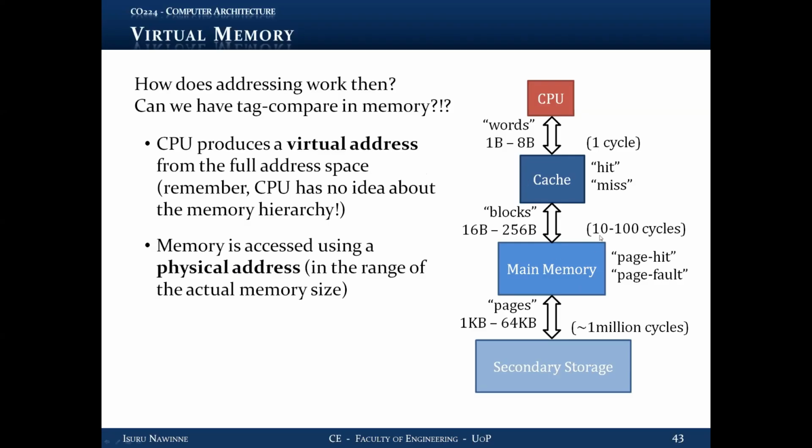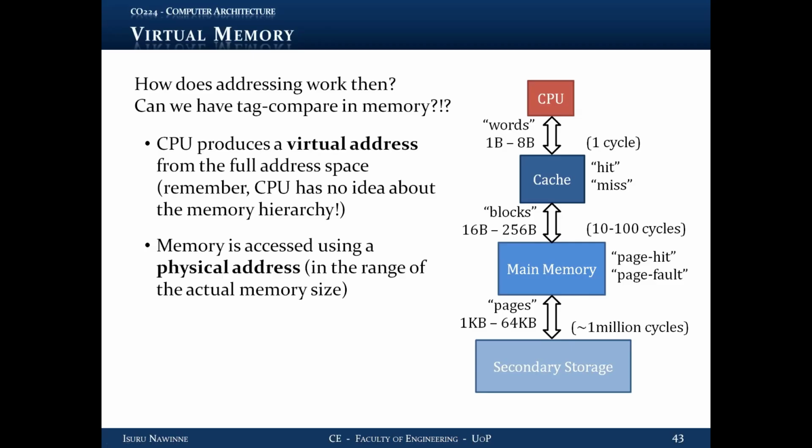Earlier, when we talked about caches, we said the cache can simply send an address and the memory has all the addresses stored in it and you can access it. Now we say the memory can't have all the addresses, it only has a smaller range of addresses, right?